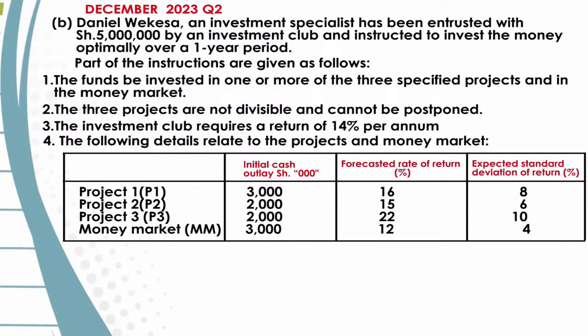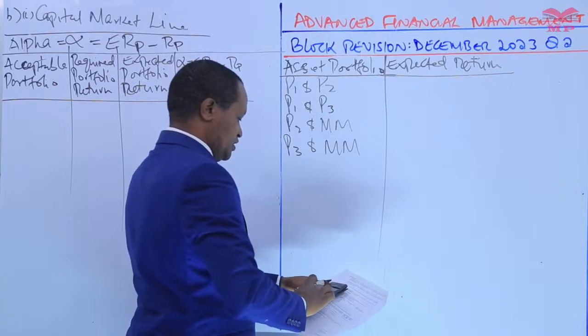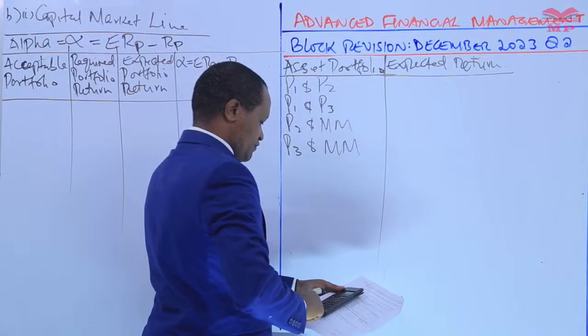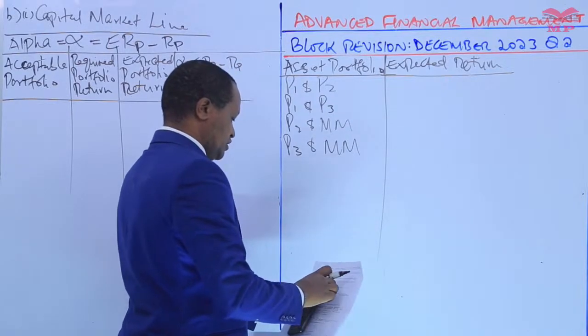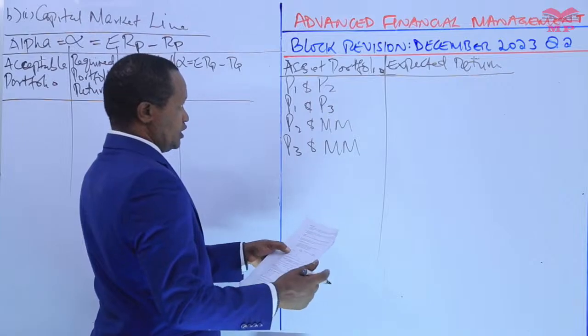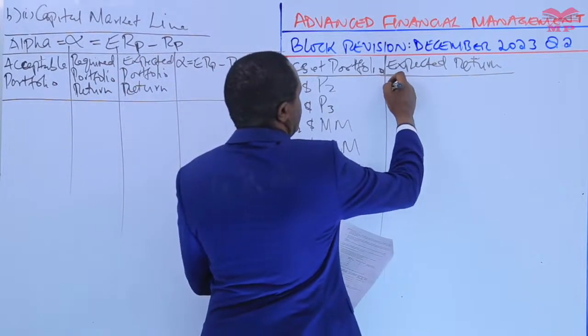So we are going to calculate the weight of each project. So here we have 3/5. Let me put it in decimals. We divide 3 by 5, as a decimal it is 0.6. So the weight here is 0.6.